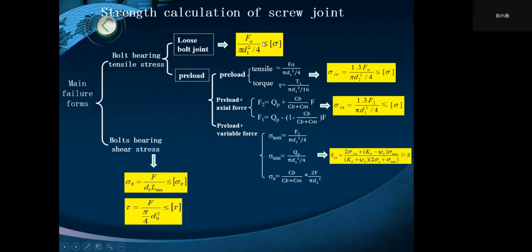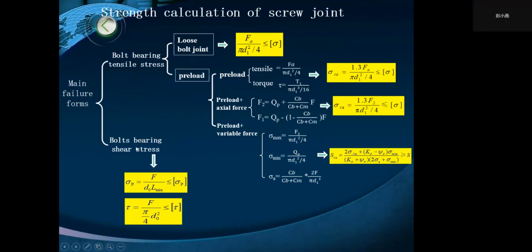This is for loose bolt joint, and this is for bolt just carries preload, and this is for the bolt subject to preload and axial force, and this is for the bolt subject to preload and variable force. And this is bolt bearing tensile stress.